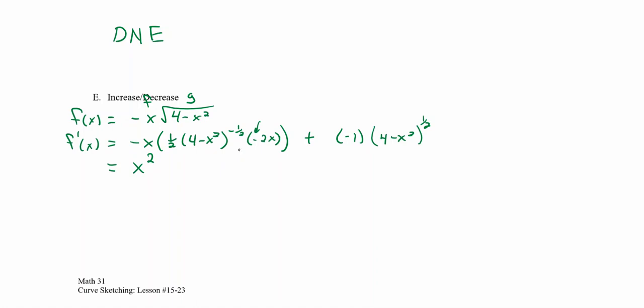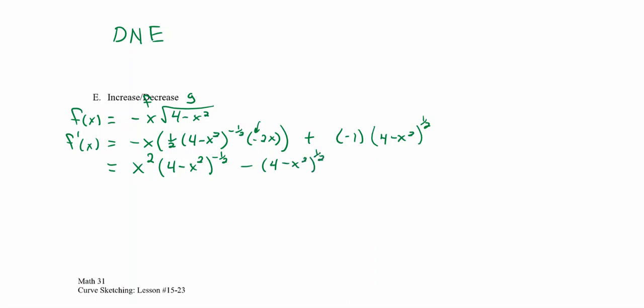And that's kind of it, because the 2's cancel and the negatives cancel. So that's it for those. And then times 4 minus x squared to the power of negative 1/2. And then this part, so this is plus negative 1. So I'm just going to call that minus 4 minus x squared to the 1/2.